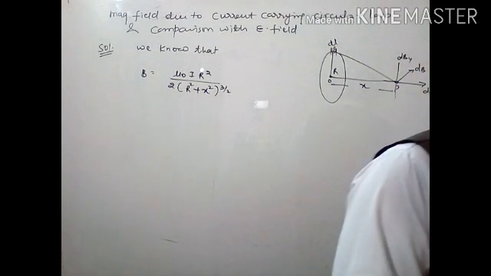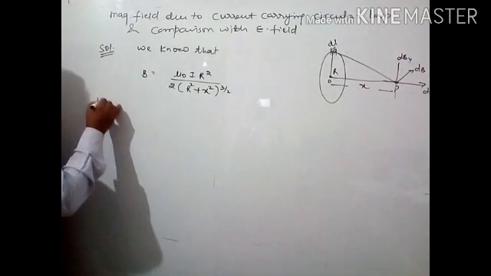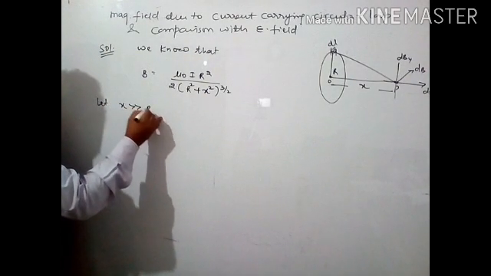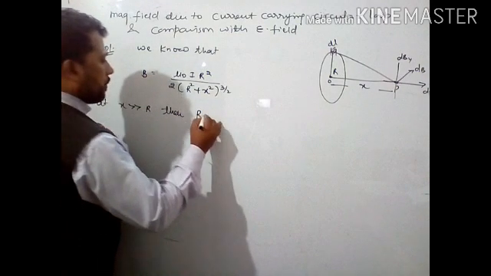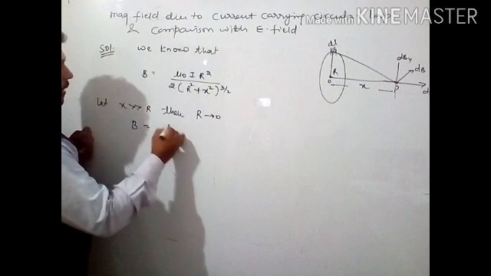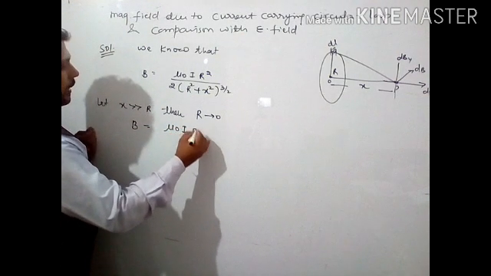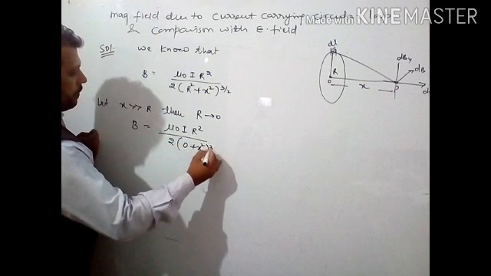Here, let me consider x is greater than capital R, then in comparison to x, R will be negligible. So according to this, B equals mu naught I r square upon 2 into (0 plus x square) power 3 by 2.